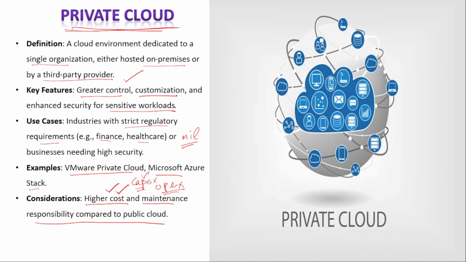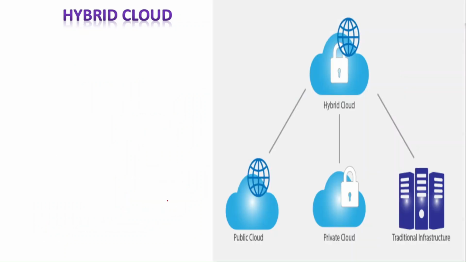So these both will be high, while in the public cloud you have no CapEx, because of course the cloud is already deployed by the provider, and you have very little OpEx, a pay-as-you-use or pay-as-you-go cost. And in the private cloud you have all the other responsibilities of security, including the physical security as well as the security of the virtual infrastructure.